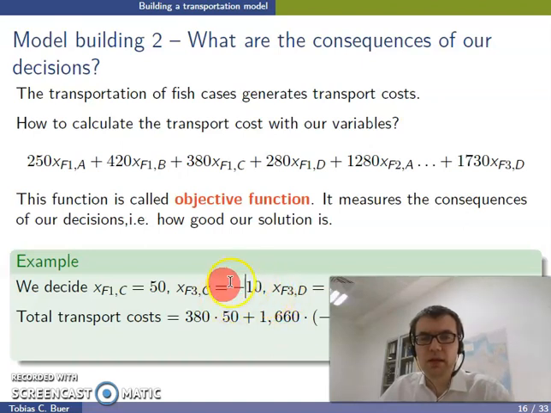Yeah, the model itself does not know that -10 is a stupid decision. We need to tell this model, and this is our task, to understand the logistics problem at hand and tell the model what are good solutions.